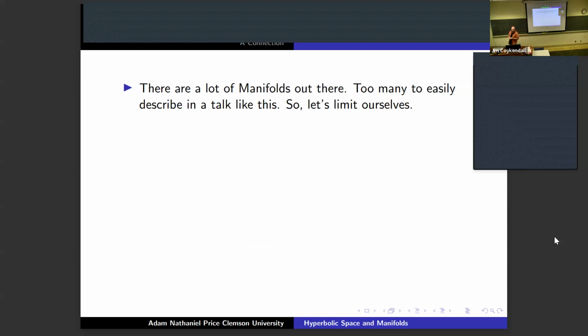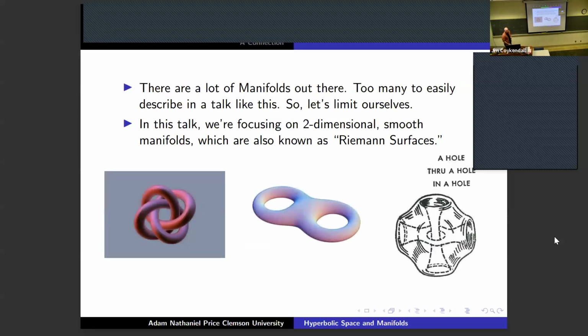I can't talk about all of them in a talk like this, so I'm going to limit our view a little bit. We're going to be focusing on two-dimensional smooth manifolds. Two-dimensional means that you walk around it like it's a surface, like the surface of the Earth. And smooth means that it's nicely behaved. You get into the weeds when you start talking about it. So it's infinitely differentiable, if you know what differentiable means, which you probably do.